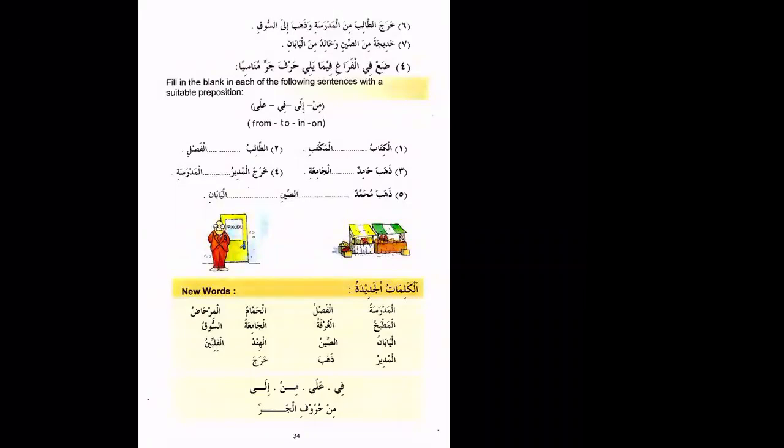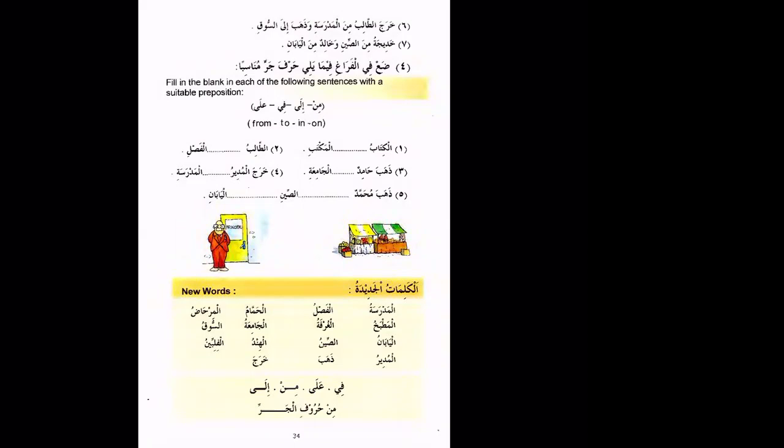We learned al-madrasa, school; al-fasl, class; al-hammam, bathroom; al-mirhad, toilet; al-matbakh, kitchen; al-ghurfa, room; al-jami'a, university; al-suq, market; al-Yaban, Japan; al-Sin, China; al-Hind, India; and al-Philippines; al-mudir, principal; dhahaba, went; and kharaja, left.